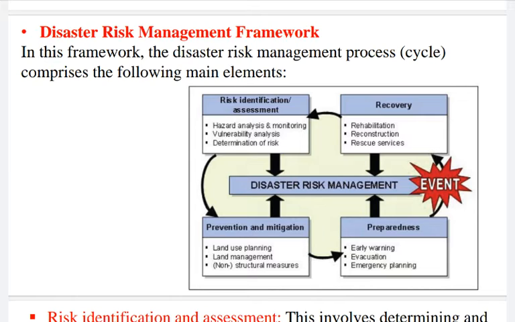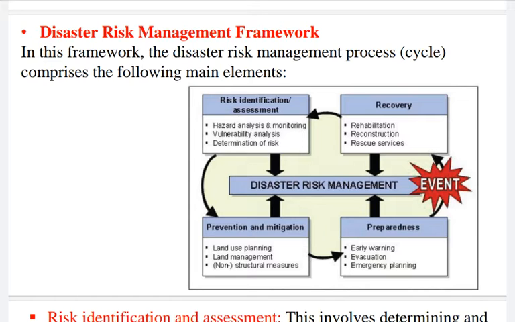The disaster occurs, and at the recovery stage, we work on rehabilitation, reconstruction, or rescue services. And again after recovery the cycle goes on: from risk identification, prevention and mitigation, then preparedness, recovery, and back to risk identification. This cycle goes on so that in between we have the disaster risk management.